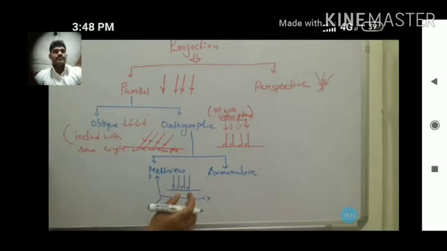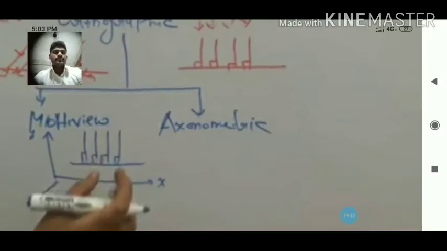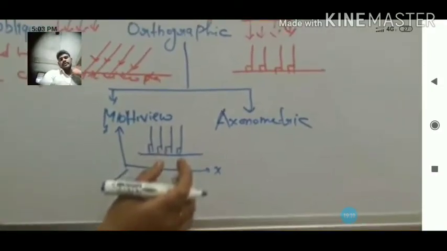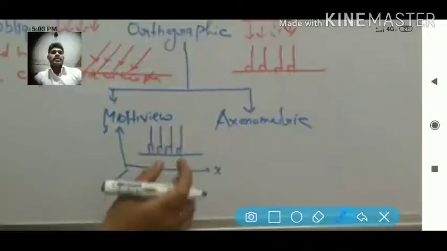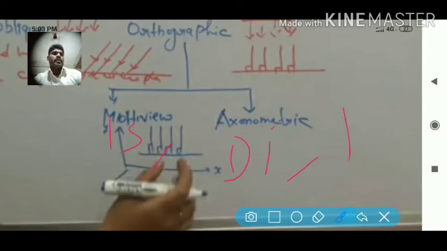Axonometric. Look at here. What is axonometric? Axonometric again has three types. The first one is the isometric, the second one is the dimetric, and the third one is the trimetric.